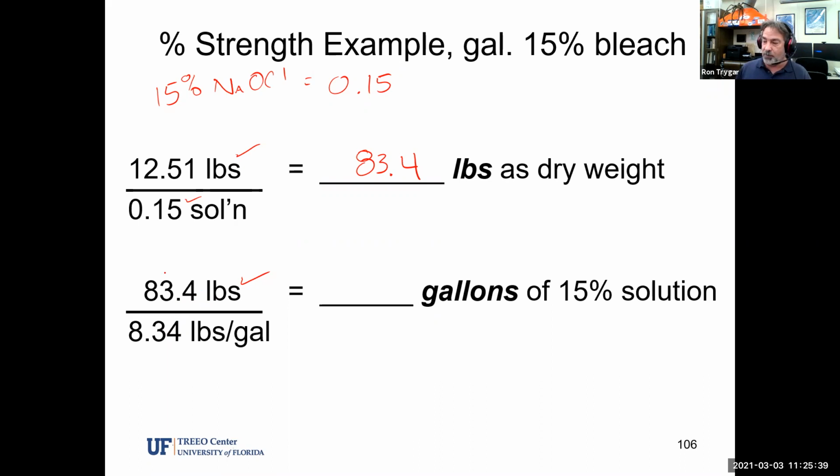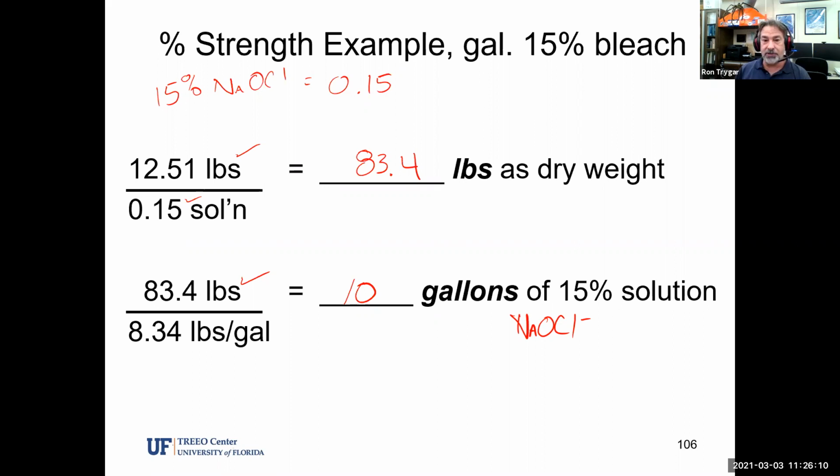But 83.4 pounds as a dry weight divided by 8.34 pounds in a gallon. And I came up with an exact number, which is interesting, an exact number of 10 gallons of 15% solution, which is the sodium hypochlorite, NaOCl solution. So 15% solution, we'd need 10 gallons of that.